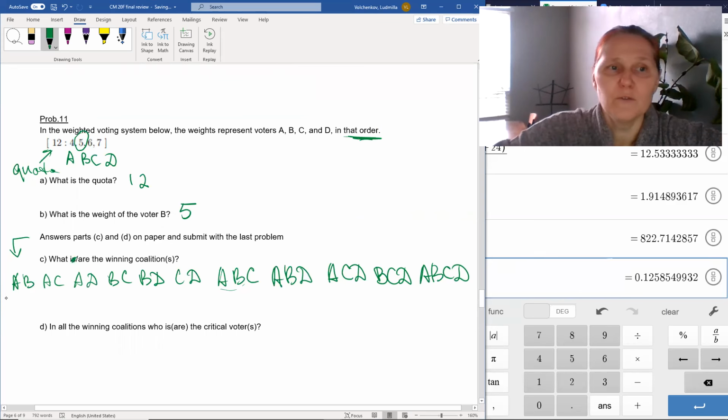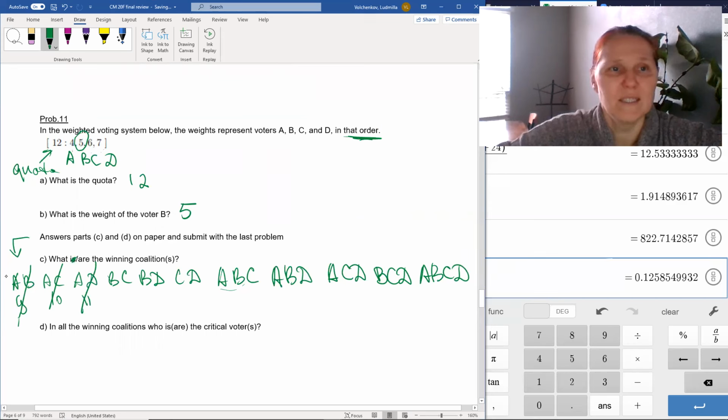A plus B, 4 plus 5 is 9, less than 12, so this is not winning. A plus C, 4 plus 6 is 10, less than 12. A, D, 7 plus 4, 11, is still less than 12.